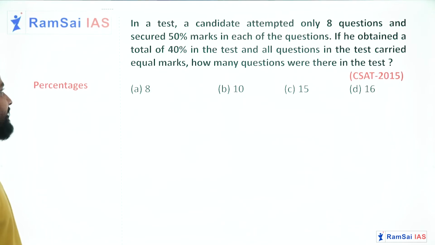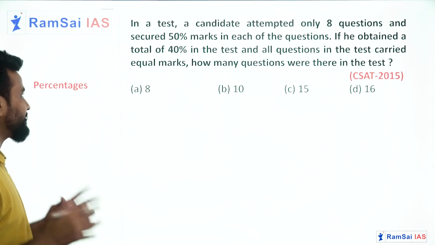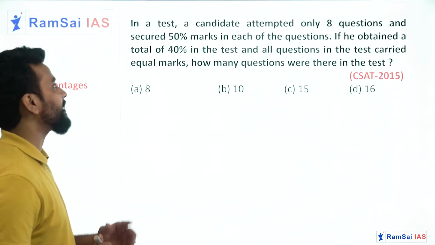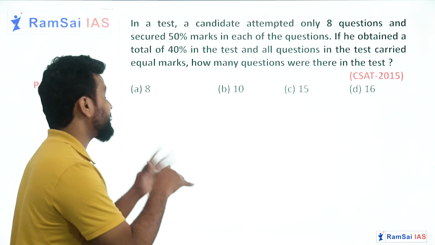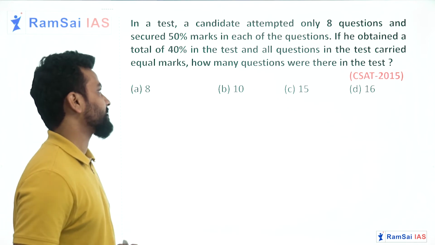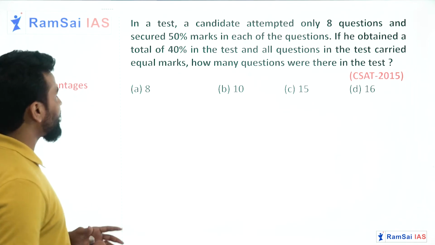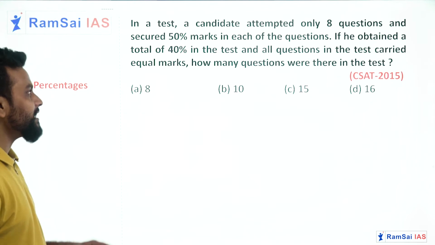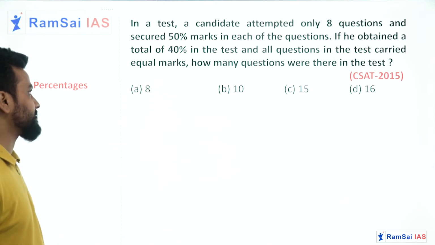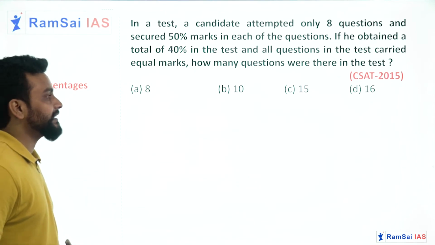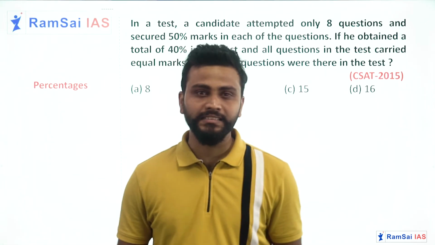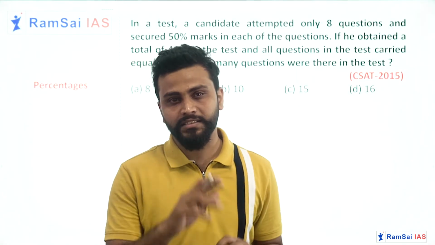In a test, a candidate attempted only 8 questions and secured 50% marks in each of the questions. If he obtains a total of 40% in the test and all questions in the test carried equal marks, how many questions were there in the test? Okay, I'll do one thing. I'll consider some number for each question. Why not?